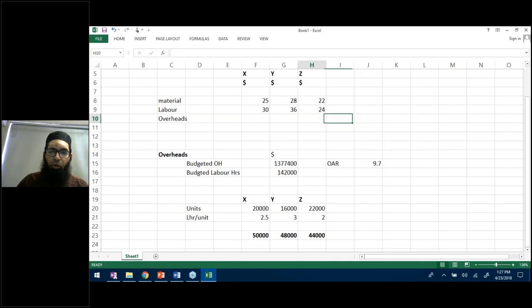Hence, my overhead per unit will be equal labor hour per unit of X, of course, multiplied by the OAR per hour. So it is 24.25 for product X. Similarly, I will determine it for product Y and for product Z as well.